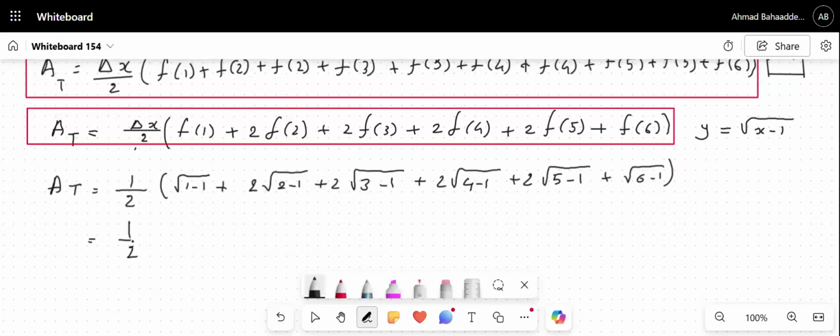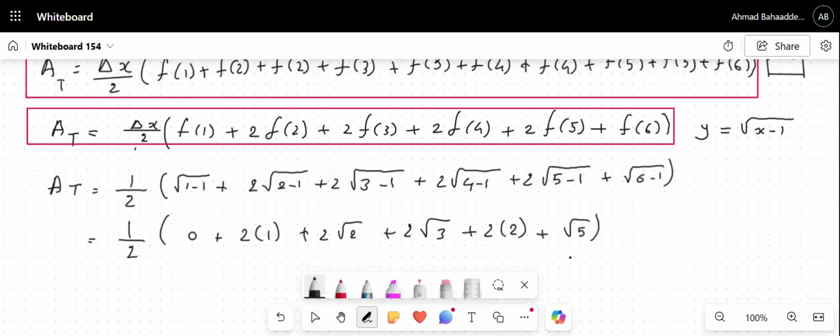So 1/2 is going to be here, and that's going to give me 0 plus 2 times the square root of 1, which is just 1, plus 2 times the square root of 2, plus 2 times the square root of 3, plus 2 times the square root of 4, which means 2, and then plus the square root of 5. So we close the bracket in here. And if I substitute all of these, we will get the answer approximately after all of this. So that's going to be a 1/2 times all of these.